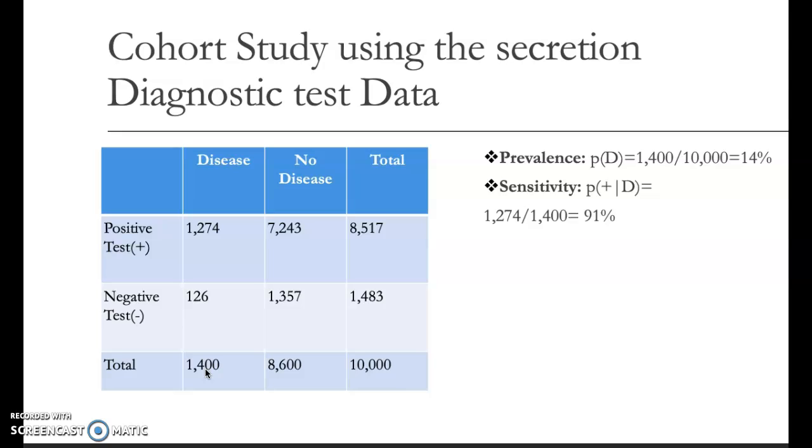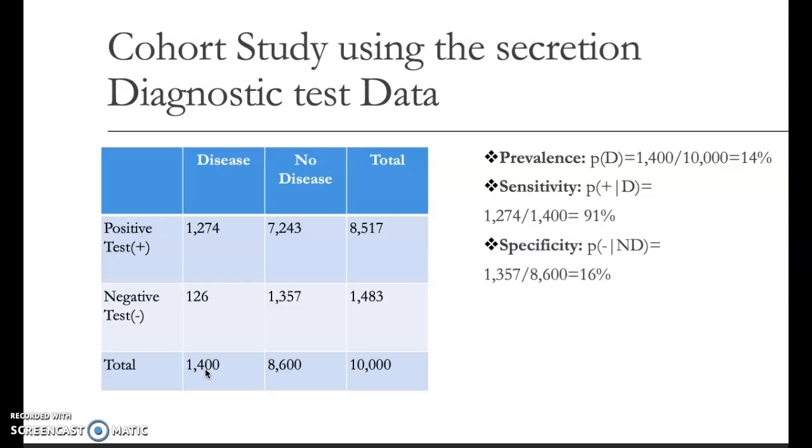So this is what I meant in my previous slide by this test having a high sensitivity. This high sensitivity, 91%, means 91% of these individuals will be identified as having this disease. So that leaves 9% who will not be identified as having this disease.